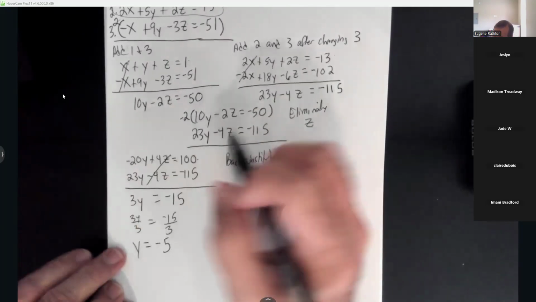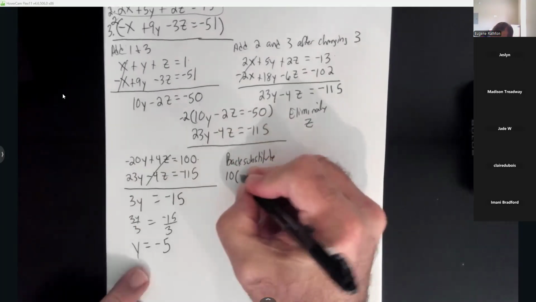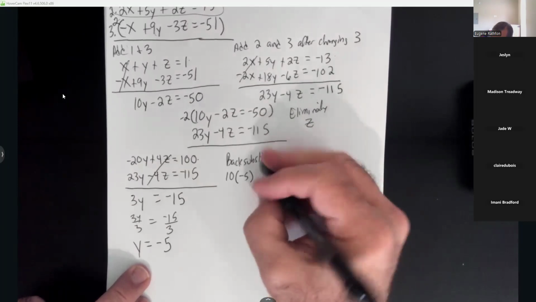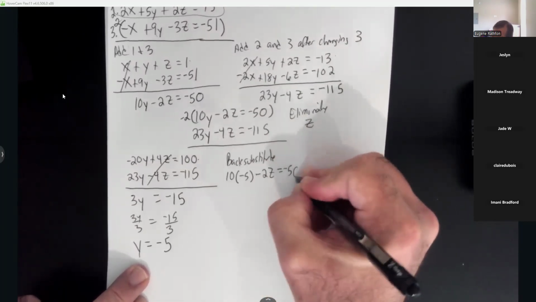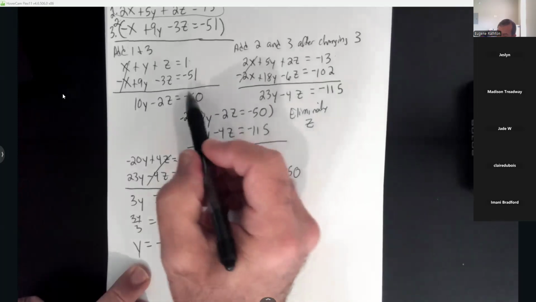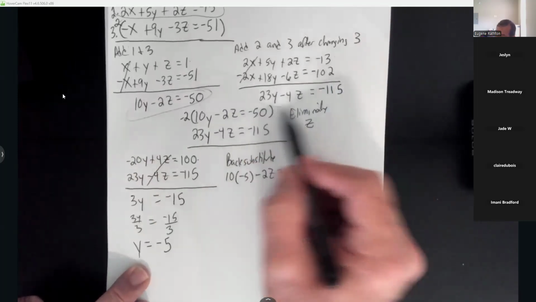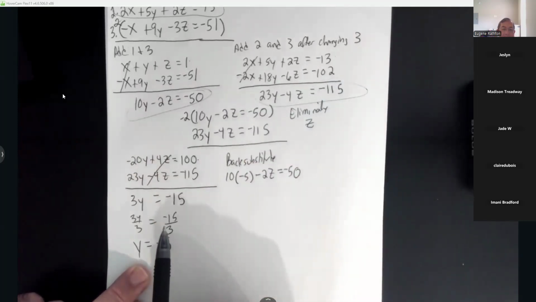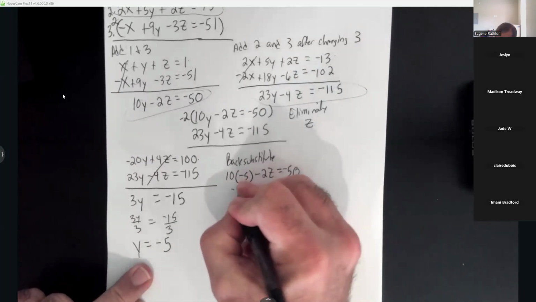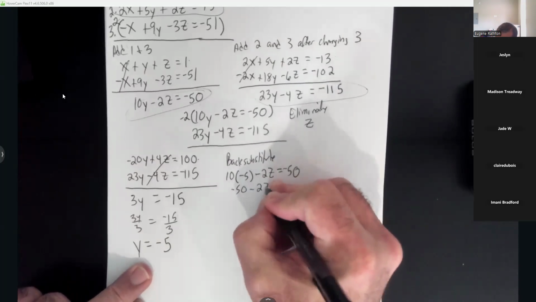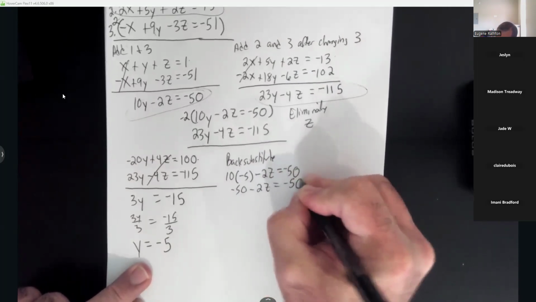I'm going to do 10 times y, which is -5, minus 2z has to equal -50. But like I said, it could be either this one or this one. 10 and -5 give you -50, minus 2z equals -50.